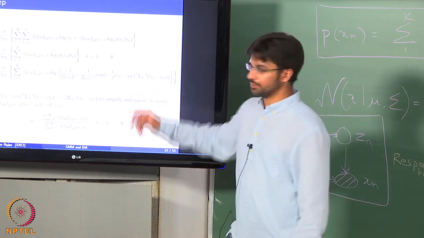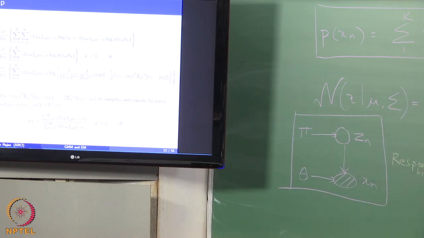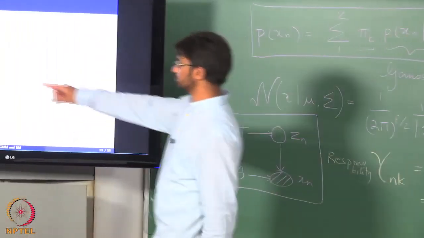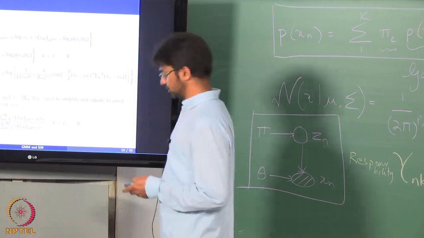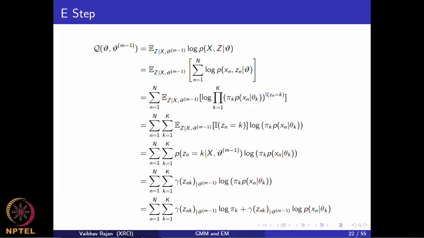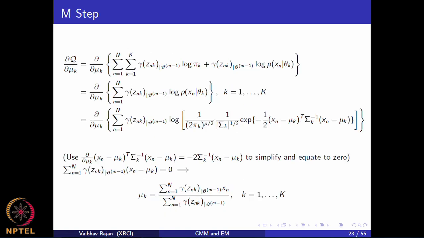Now the M step is just this: we differentiate with respect to each of the parameters. So you have the Q function, and this is the same Q function here.